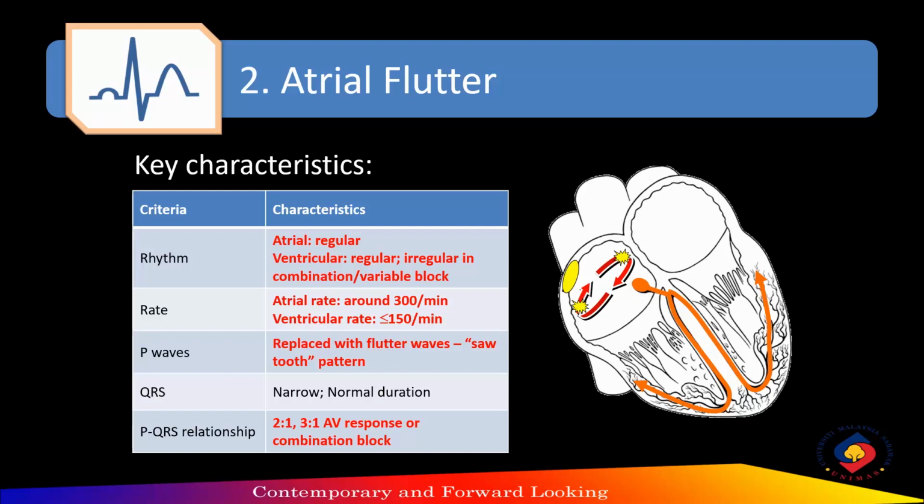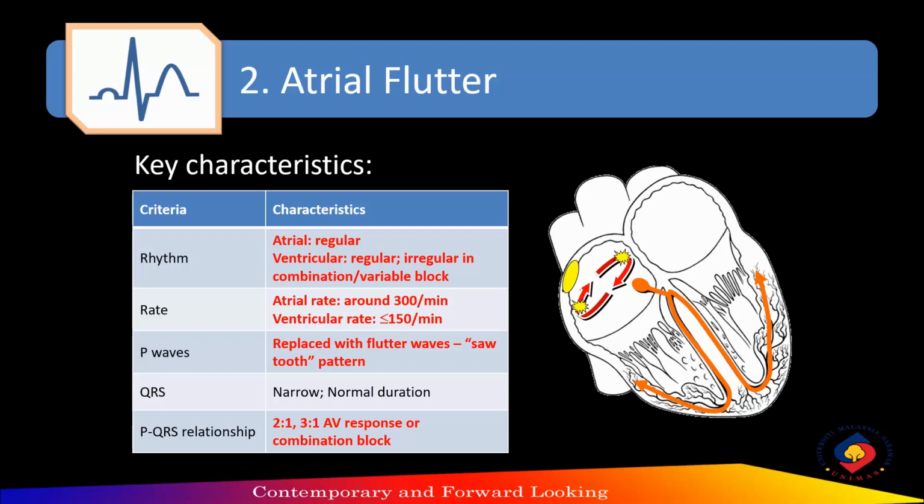The AV node, however, which relays the impulses down to the ventricles, is not capable of doing so at such a fast rate, and it would be disastrous for the ventricles to beat faster than 300 beats per minute. As such, the AV node creates a sort of physiological block to limit the number of impulses which is sent down to the ventricles. This is where you will notice that there are multiple P waves preceding each QRS.